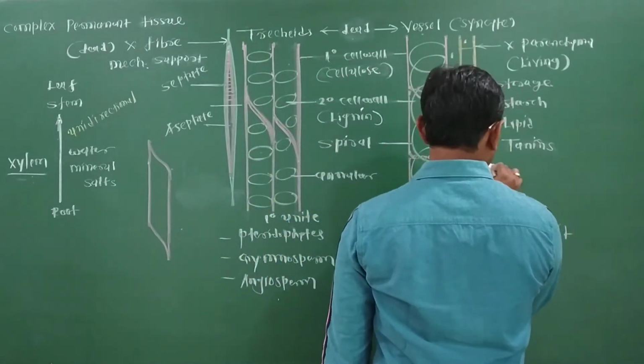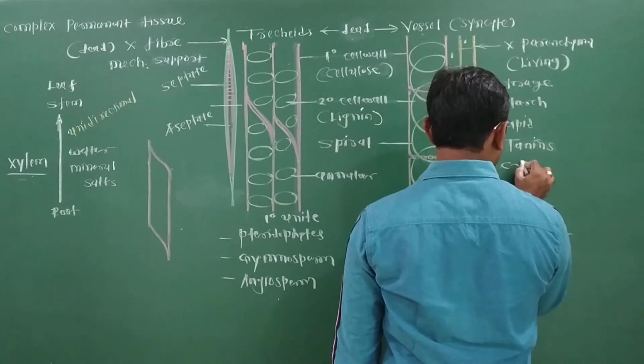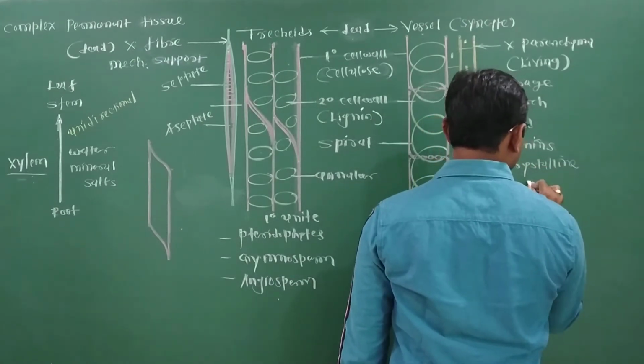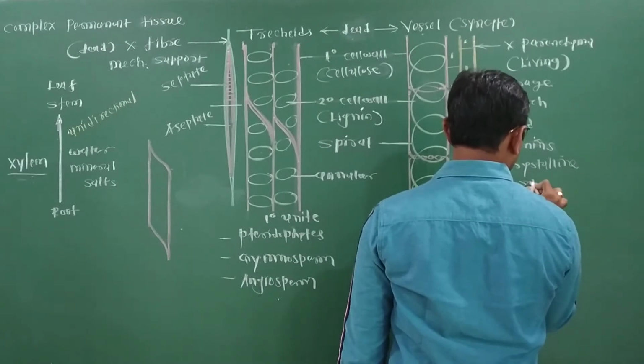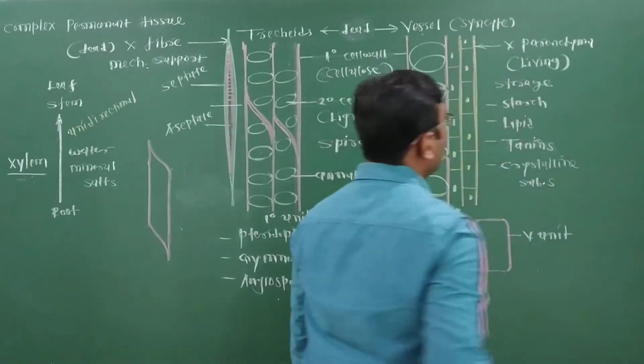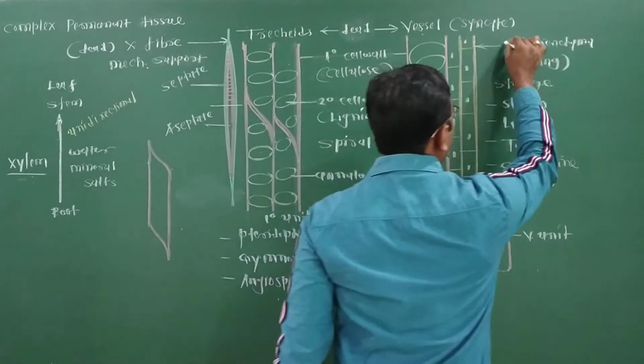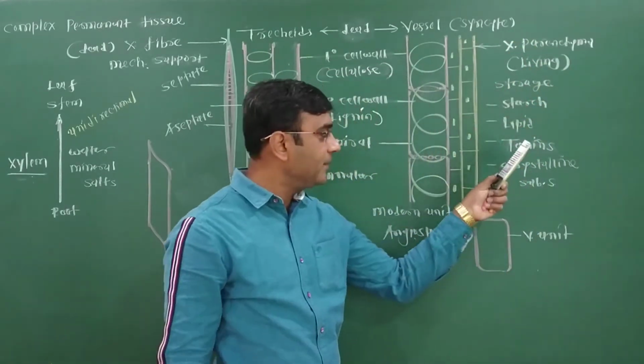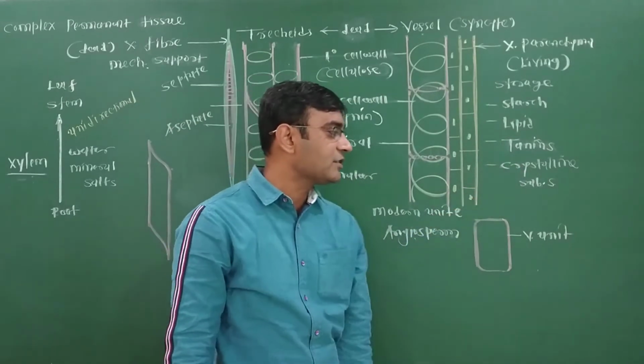Tannins, as well as other substances like crystalline substances. So xylem parenchyma stores starch, lipid, tannin as well as crystalline substances.